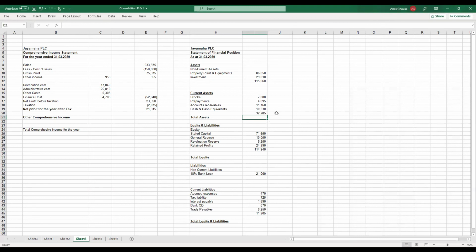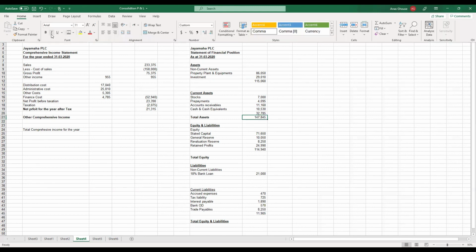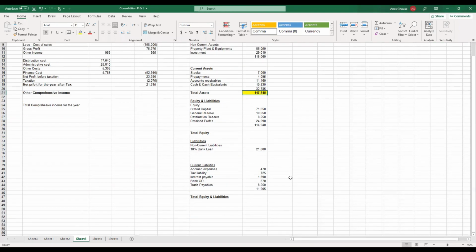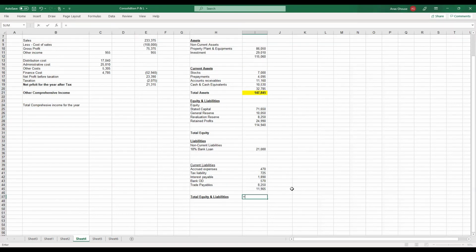So when you take the totals of total assets, that will be how much? 150,060,000 plus 32,785, it will be 147,845. So this is the total assets. Let's take the total equity and liabilities: 114,940, bank loan 21 million and 11,905,000.